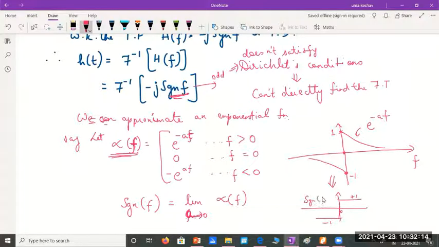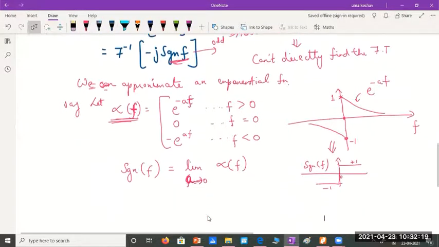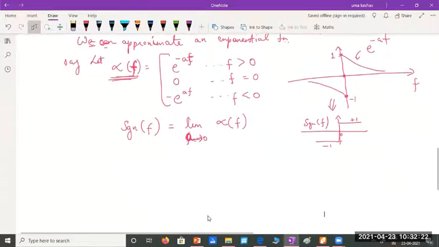if at all I make a 0, you see this function easily becomes the signum function, right? And now we already know exponentials are surely those functions which satisfy the Dirichlet's condition to find the Fourier transform. We have already found Fourier transforms for exponentials, and we have used it constantly in our analysis. Even in PCS, everywhere we used to find the Fourier transform of exponential signals. From that, we would consider the Fourier transform of sine, cosine, everything, right?